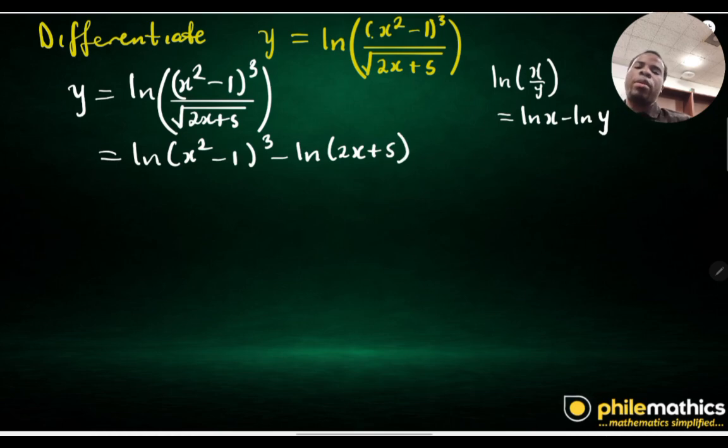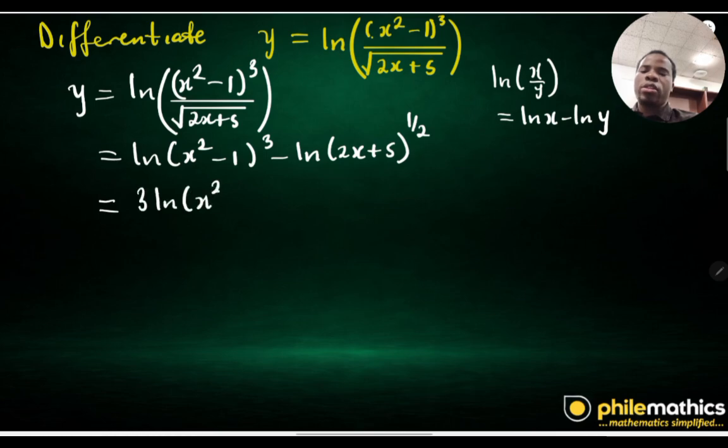The square root can be written as power 1 over 2. Now from laws of logarithm, the power can multiply the log. And so this gives us 3 log of (x squared minus 1) minus the same thing here, the power 1 over 2 multiplies the log of 2x plus 5.